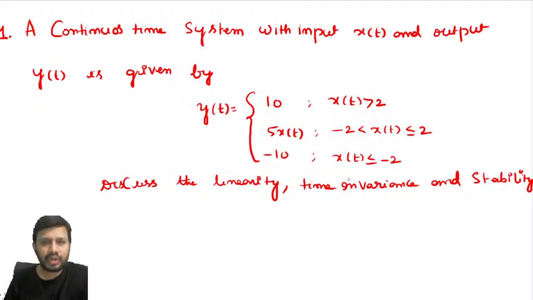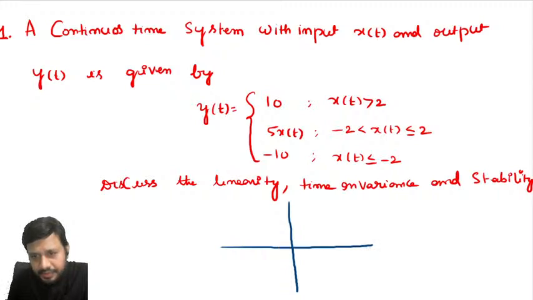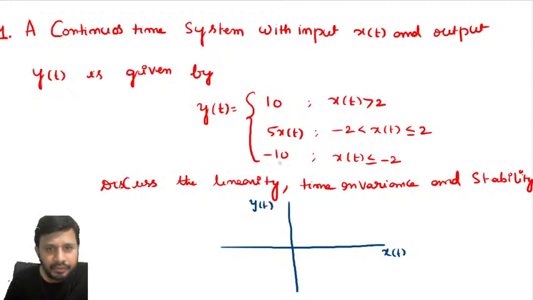Now how to solve this problem? I told you that if you're given this kind of input output relationship, you can draw the input output relationship, right? So how are we going to draw? x of t, y of t. y of t is 10 if x of t is greater than 2, and 5x of t if x of t lies between -2 to 2, and it is -10 if x of t is less than or equal to -2.